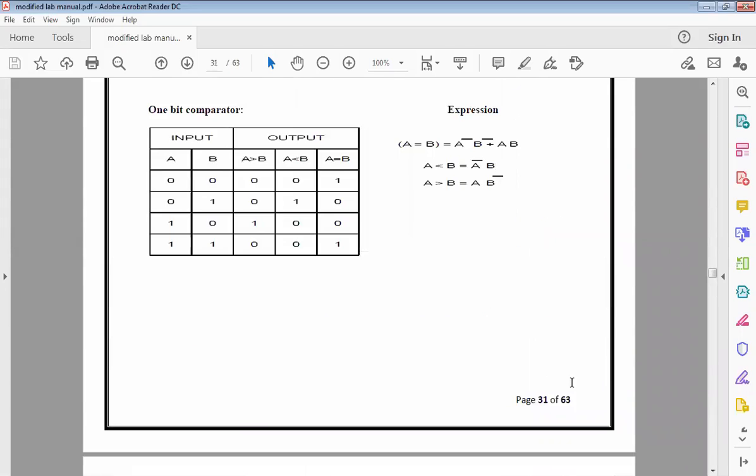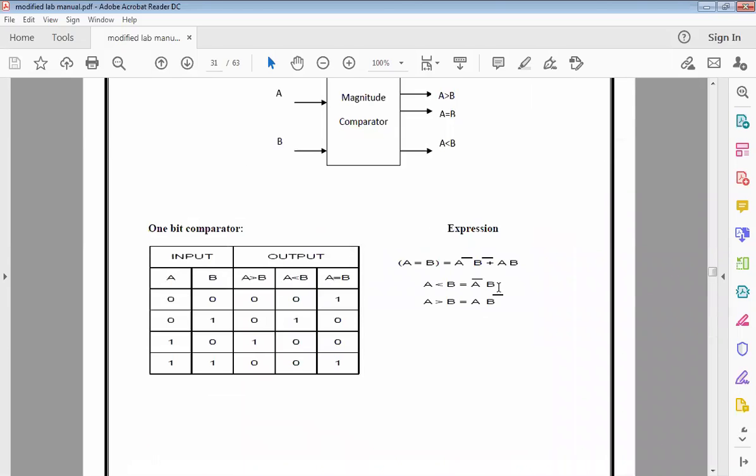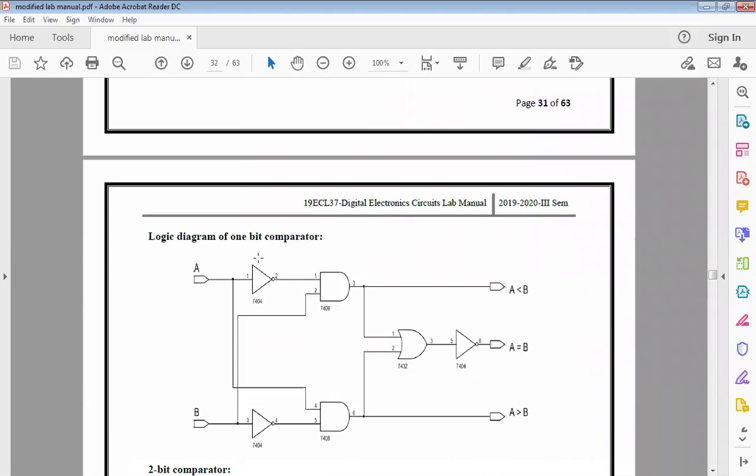So you have A bar B for A less than B. So here you have A bar which is coming in, and then you have B connected here. So ultimately you will have your A bar into B. So this suffices for A is less than B.